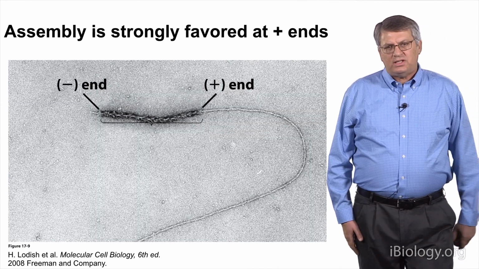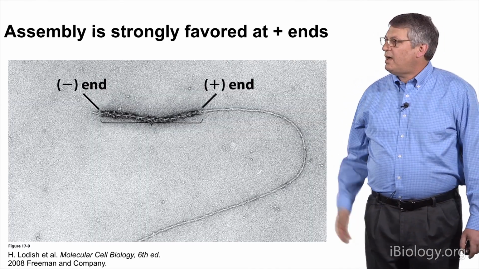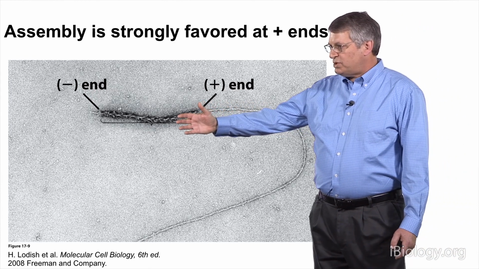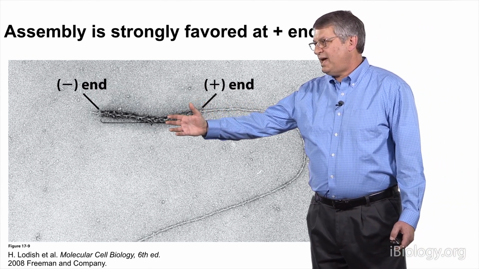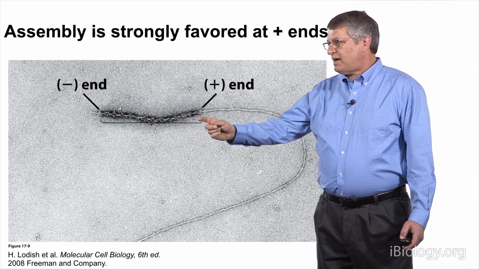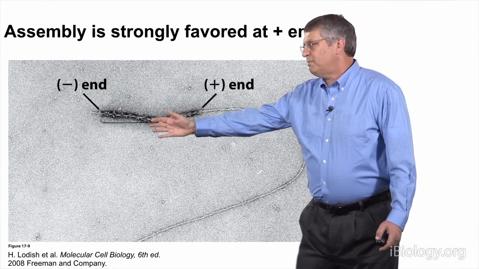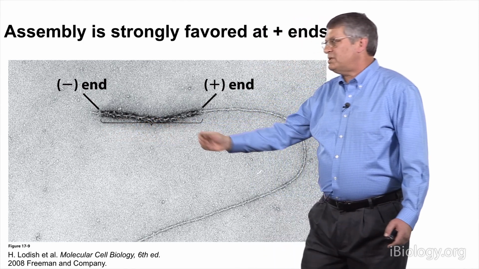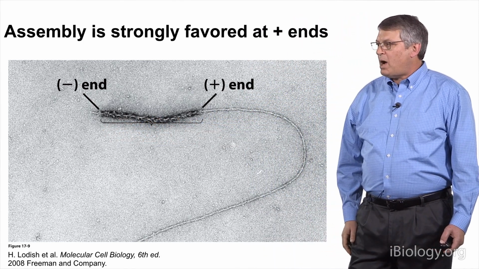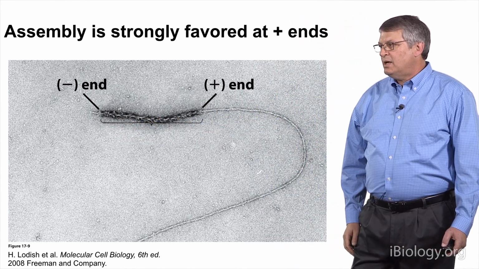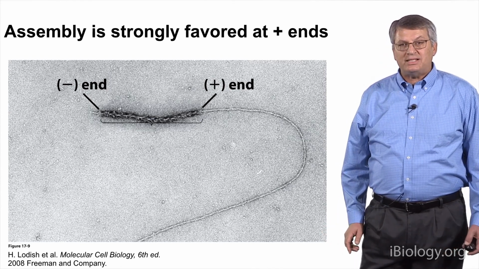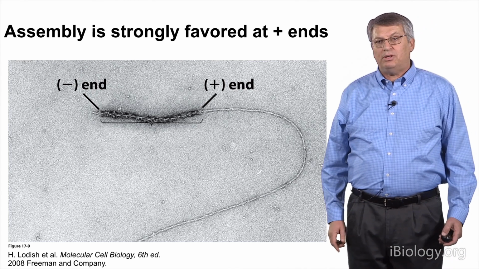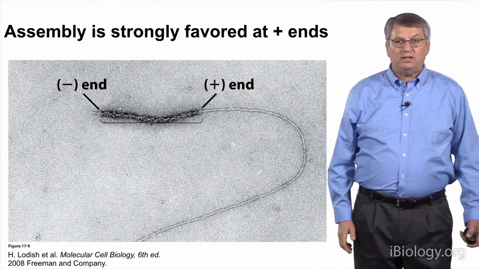This is an experiment in which an actin filament was first coated with the myosin head group, and it decorated a segment of the actin filament, and then additional actin monomers were added. And you can see that the monomers preferentially assembled on the plus end of the actin filament, revealing that polarity that I was talking about a second ago.